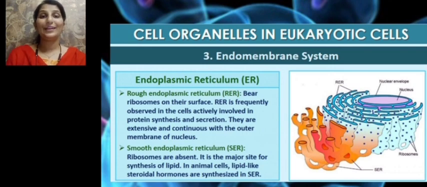So the smooth endoplasmic reticulum is involved in the synthesis of lipids and steroid hormones, whereas the rough endoplasmic reticulum, which has ribosomes on its surface, helps in the synthesis of proteins. So that is the function of the endoplasmic reticulum: it helps in the synthesis of lipids and proteins.